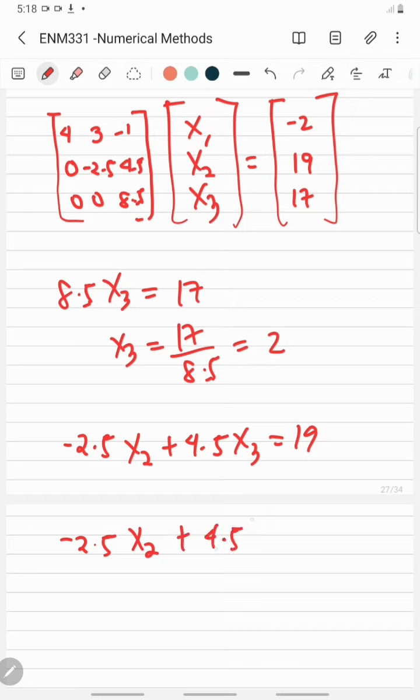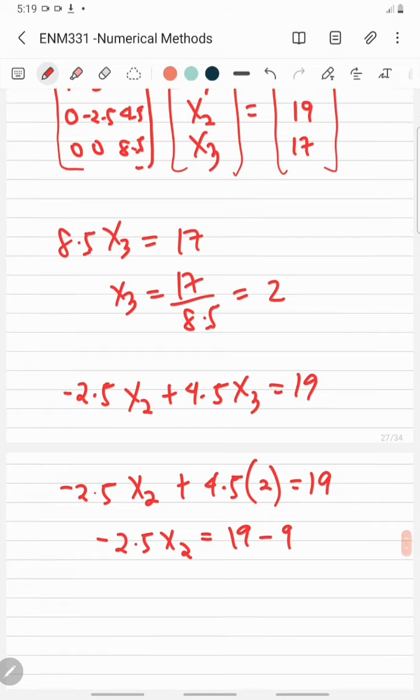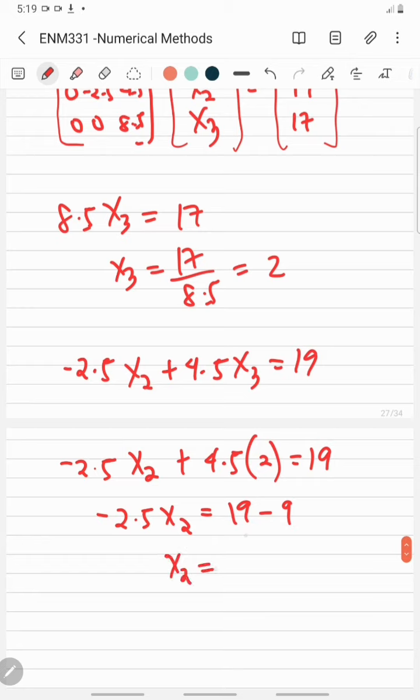So we have 4.5 times 2, equal to 19. So we will transpose the constant to the right and change the sign. So 4.5 times 2, that is 9, will become negative 9. So x2 is equal to 19 minus 9, that is 10, divided by 2.5. So x2 is equal to 4. So the sign is negative.